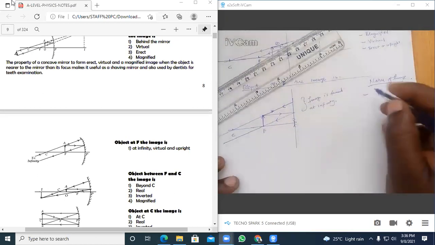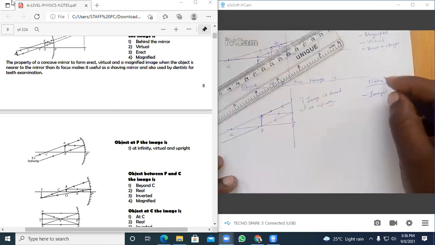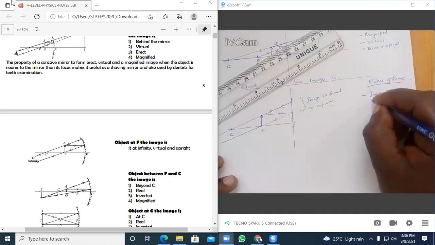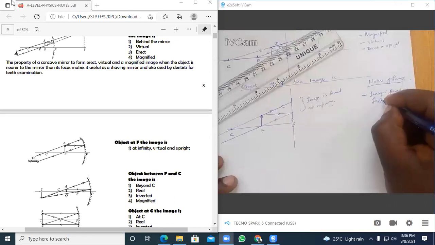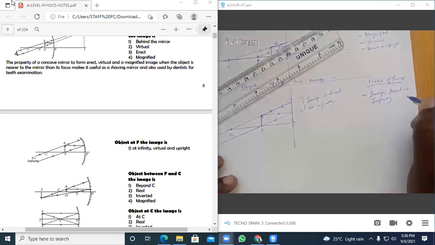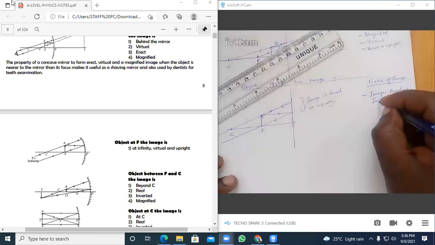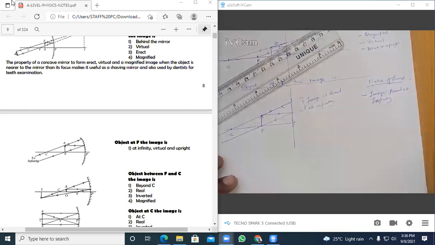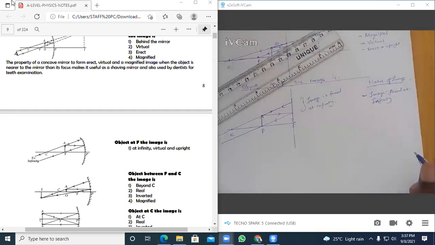So note, image formed at infinity. Formed at infinity. Infinity.